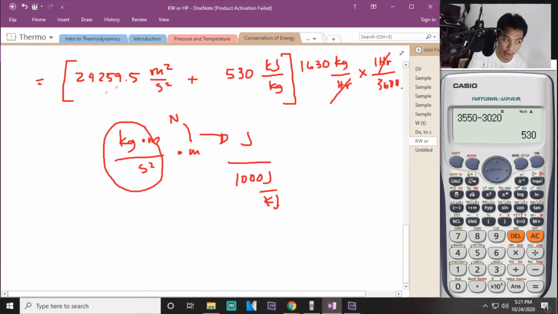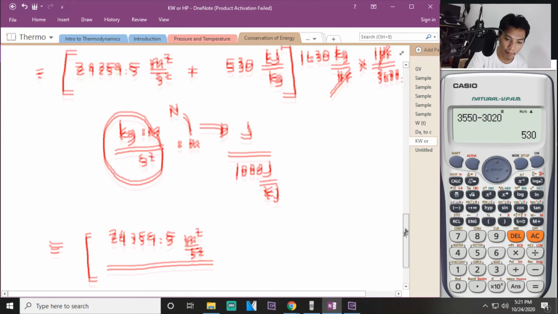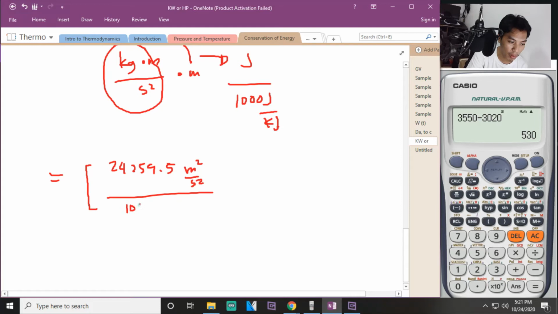Kaya ganun ang gagawin natin dito. I-divide natin ng 1,000. So that is 24,259.5 meters squared per second squared divided by 1,000 joule or 1,000 Newton meter per kilojoule. Ayan.